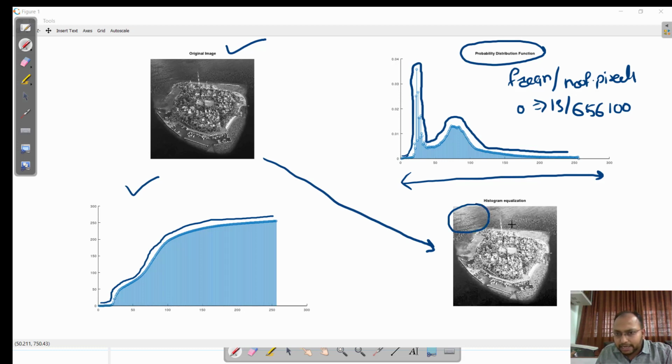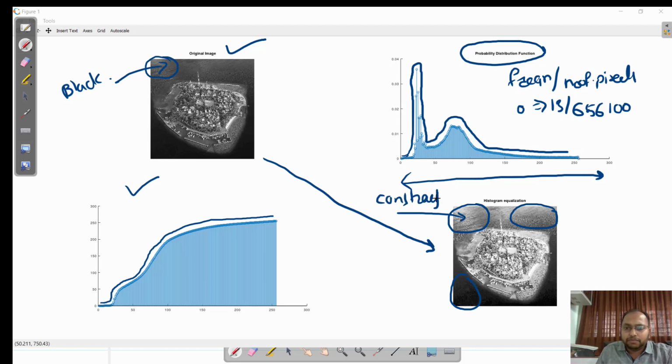This area has been giving more detailed information as compared to this one. They are representing only black level intensities, right? As compared to your original image, this is giving you a more contrast image, a more meaningful image we are getting from this histogram equalization.